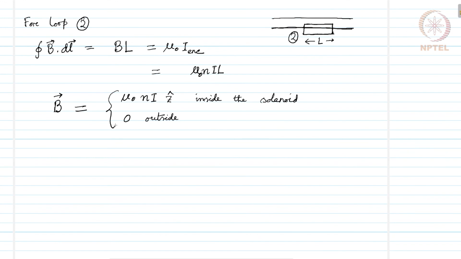We notice here that inside the solenoid the magnetic field is not a function of distance from the axis. That means inside the solenoid the magnetic field is uniform.